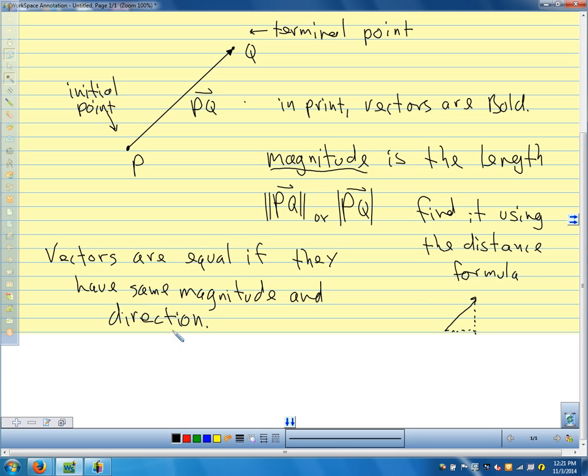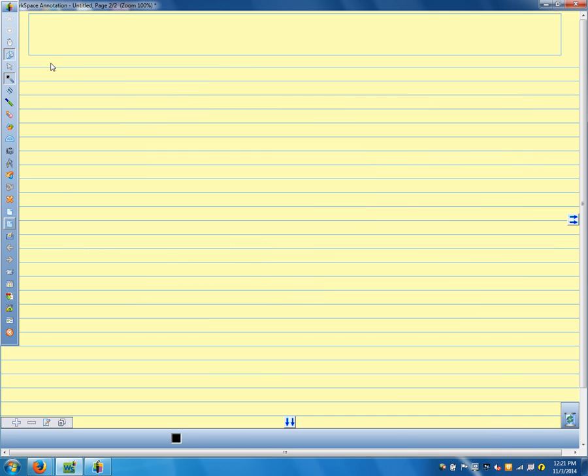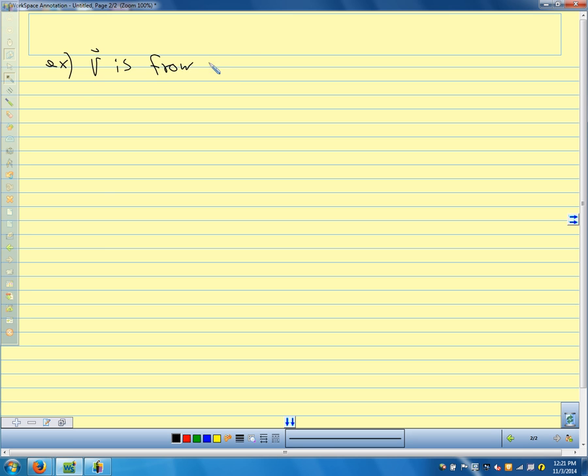All right, let's do an example using some of these ideas, and we'll write down what the distance formula is. So let's say we have V from the point 0, 0 to the point 4, 5.